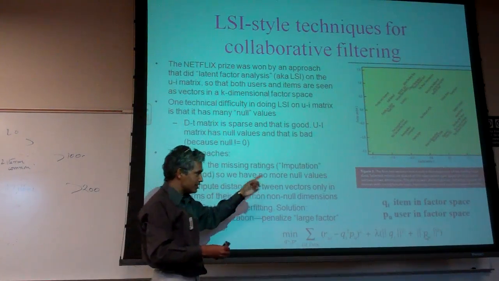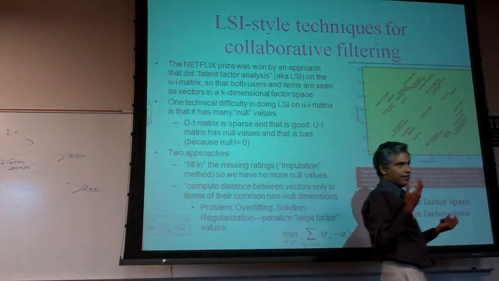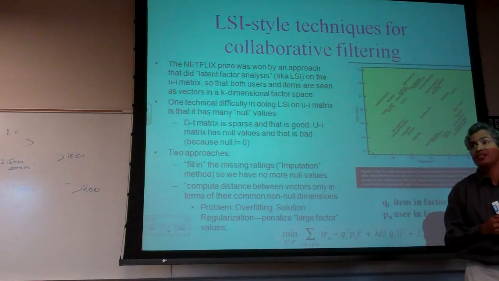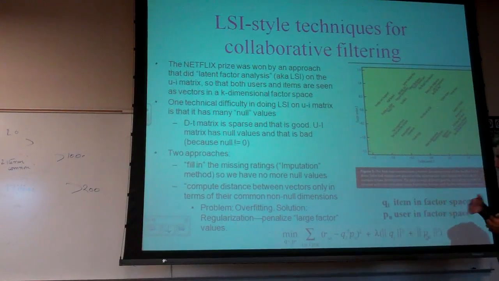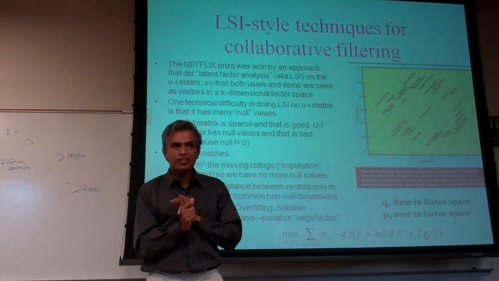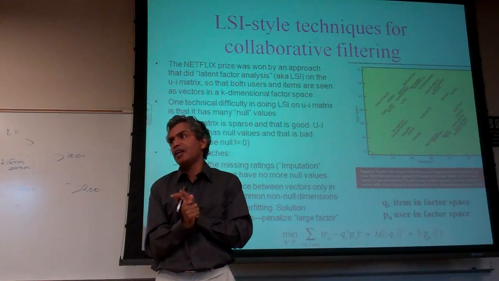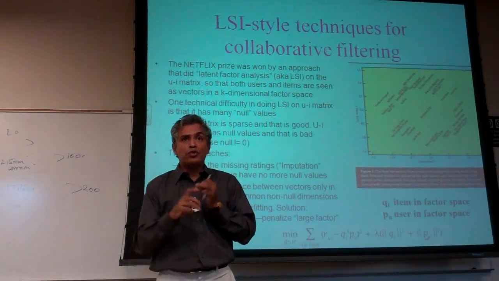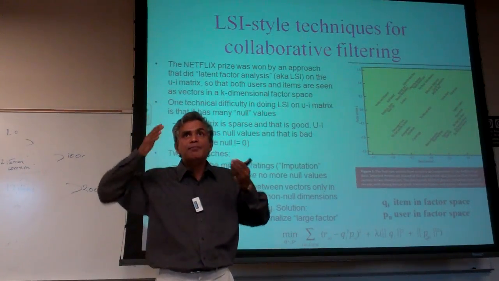Okay? And so it's a big issue in doing LSI that some of the dimensions are not being considered originally, and so you need to get some numbers there. So either you have to somehow consider distances only on the dimensions which have common ratings, or impute, or just predict what would have been the missing rating.